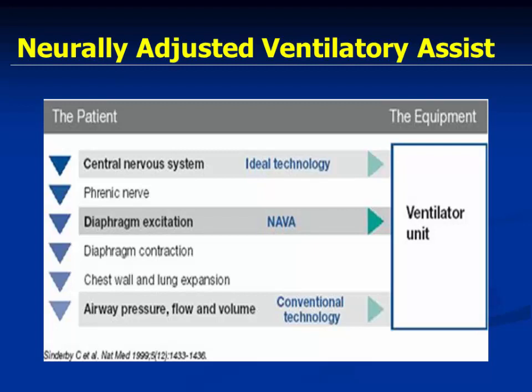The chest wall also starts moving, and that's how the pressure, volume, flow changes occur. So in a normal ventilator, conventional technology, the ventilator measures that now the patient is demanding something, and triggers at this level. Any doubt about this? But you can see how much time delay there is. For this much time, the patient is being deprived of any ventilation. So work of breathing is increasing, dysynchrony is increasing.